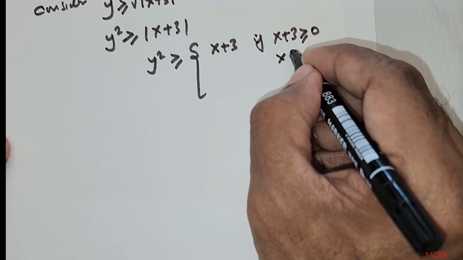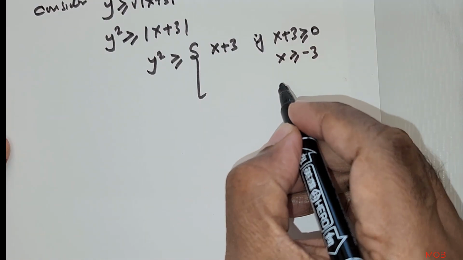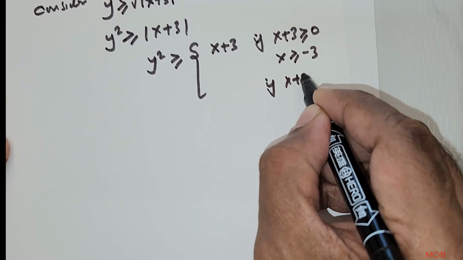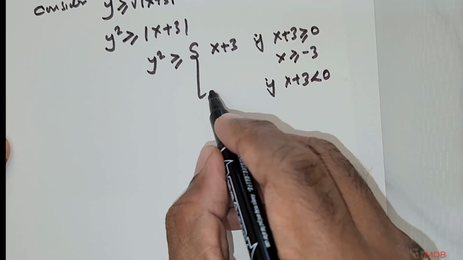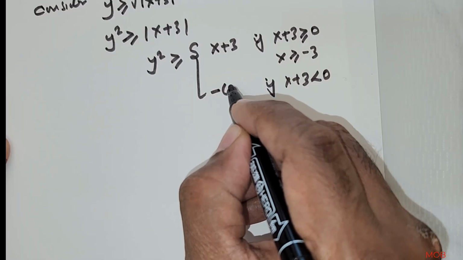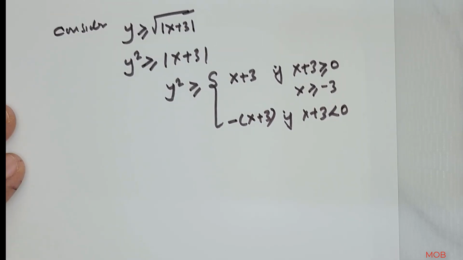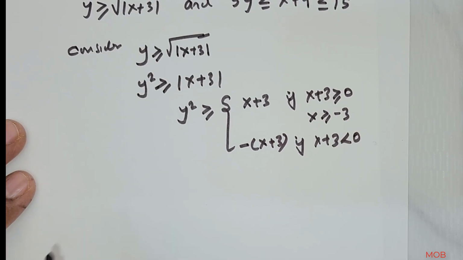So that means when x is greater than or equal to negative 3. In case x + 3 is strictly less than 0, then the value that y squared will take will be negative of (x + 3). Okay, so you have to get this straight.